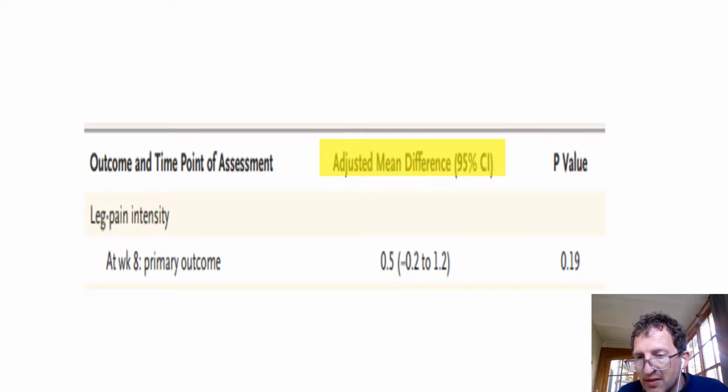The difference in that score between 0 and 10 at the 8-week mark was only 0.5. So there was only a reduction in that visual analog 0 to 10 scale of 0.5 at the 8-week mark.